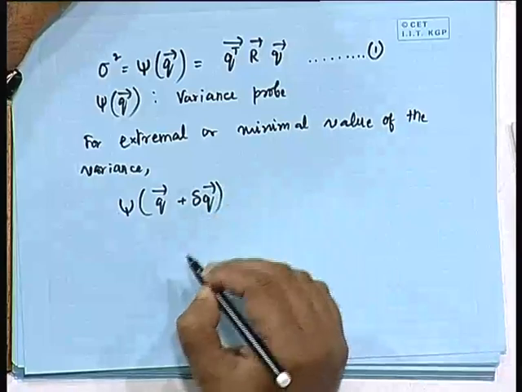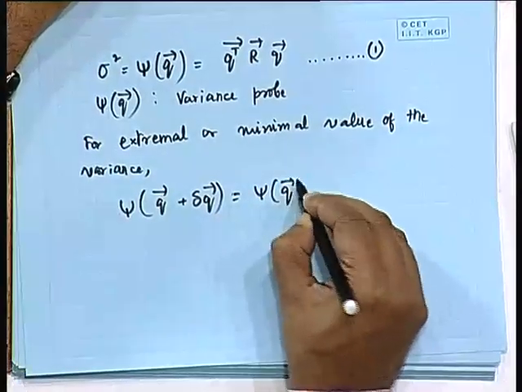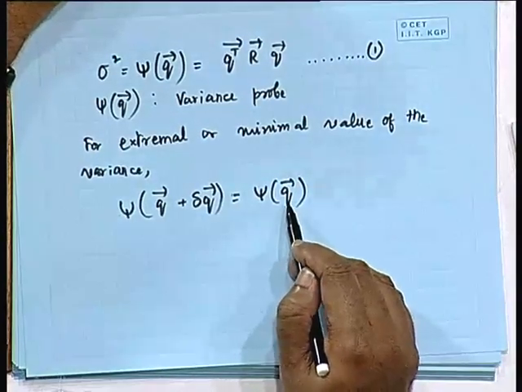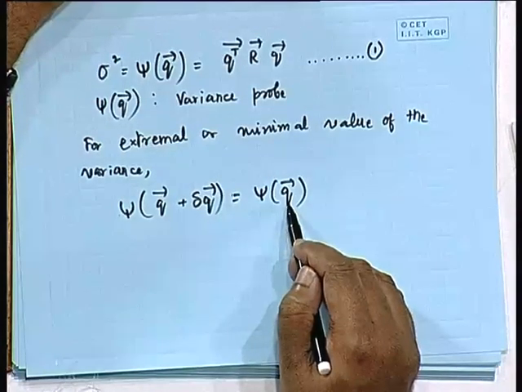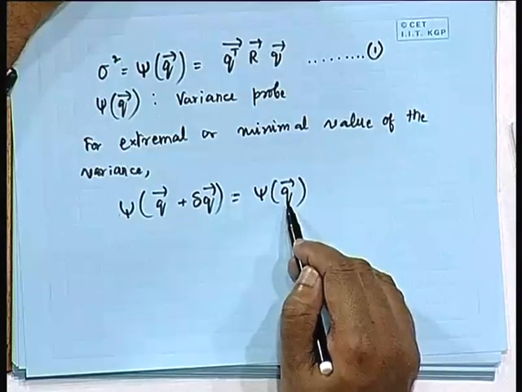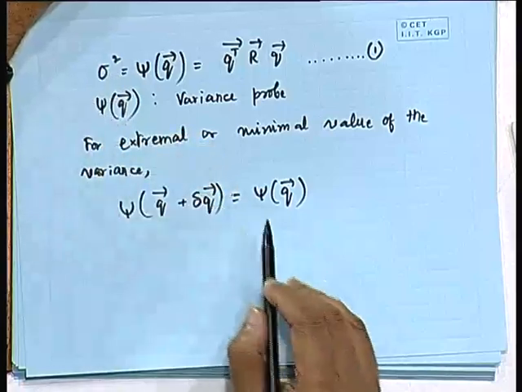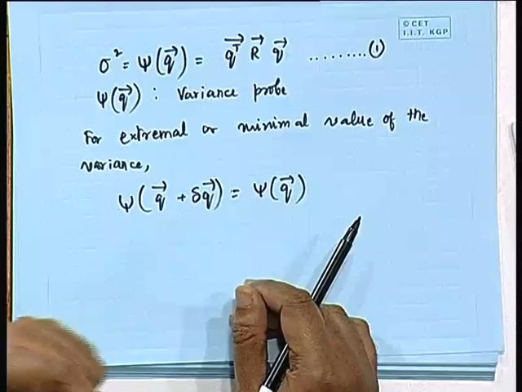What is the significance of this delta Q? I'll just explain it once more. This is equal to psi Q, and what is the significance of this? That means to say that Q is a vector which we have already found out to be a minimum. So, if Q is a vector which reaches the minimum of the variance, then at the minimum, if we try to perturb the vector Q slightly, it will not change the variance much, because it has reached the bottom.